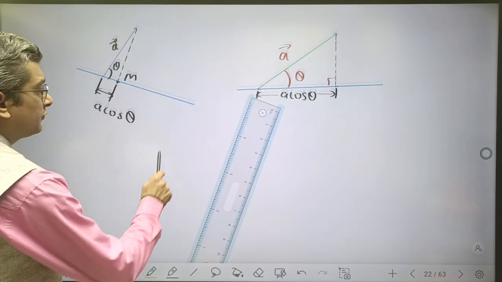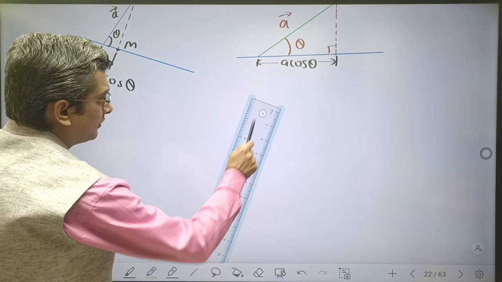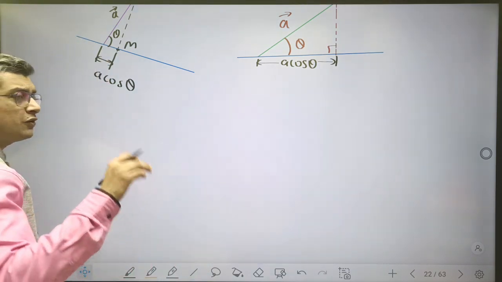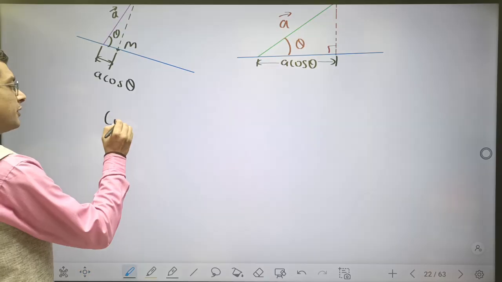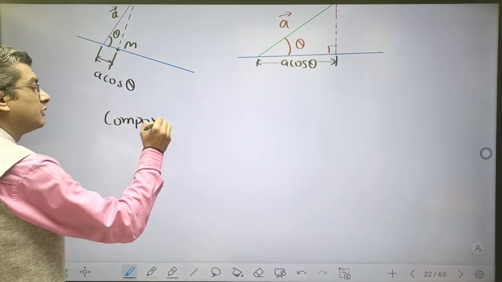So what is A cos theta? The component of any vector along any line is given by A cos theta. So I am writing here, this is Brahmastra, isn't it?